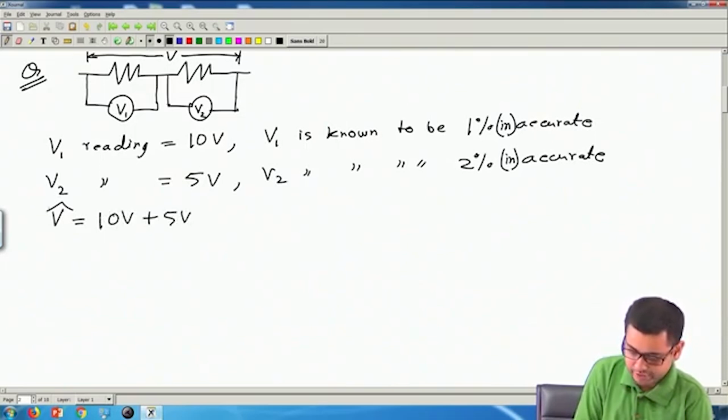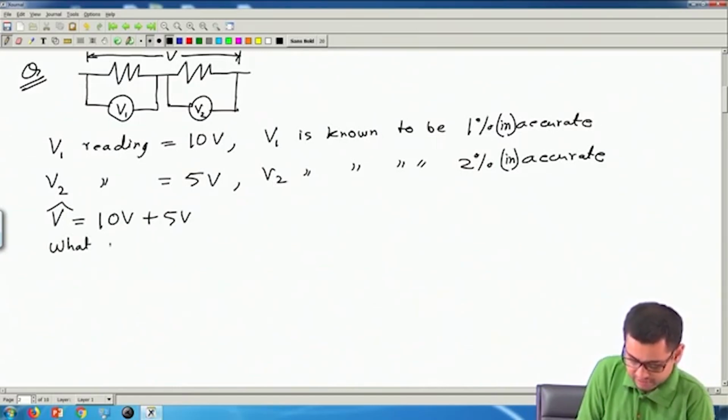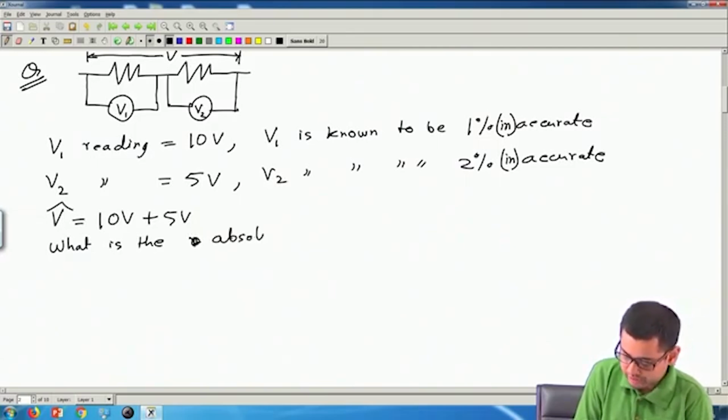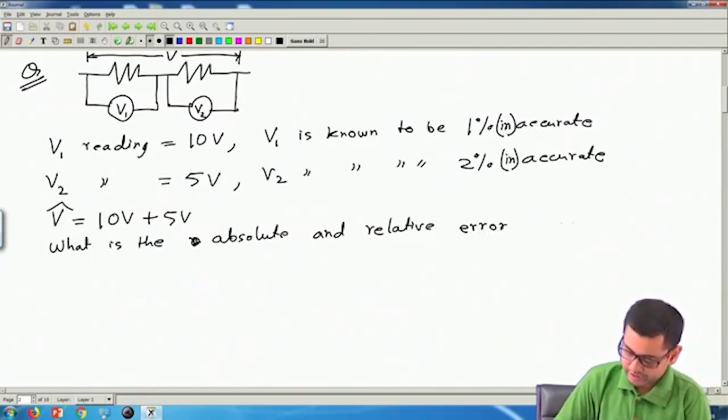Okay, so this is the estimated value of the total voltage V. And now we will ask what is the error, or say relative error, or say we will compute both absolute and relative error, okay, in the value of V.